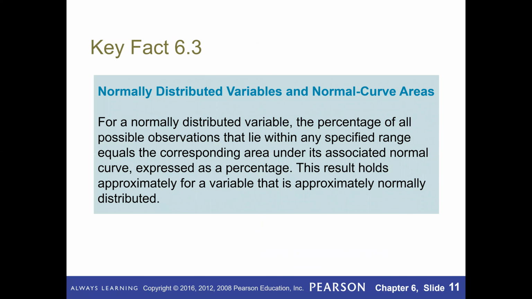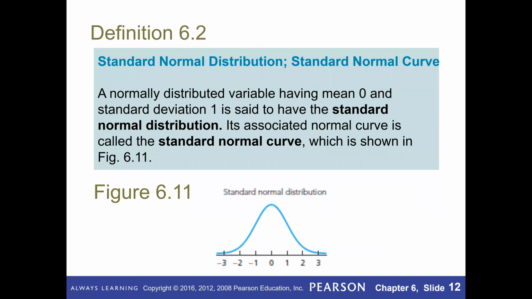Then the normally distributed variable and the normal curve area is to be calculated. So our goal here is to calculate the area under the curve. That's it.